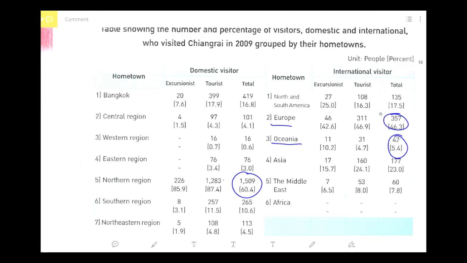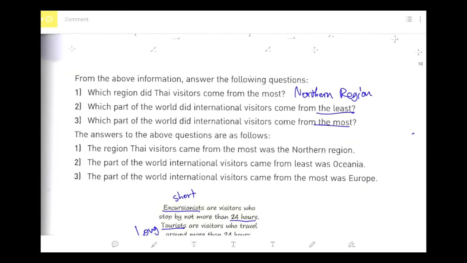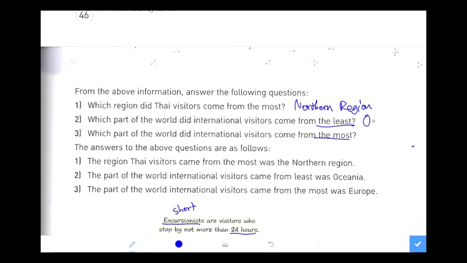And the most is that one, 357, from Europe. So you come back and write it down: the least is Oceania, and the most is Europe.